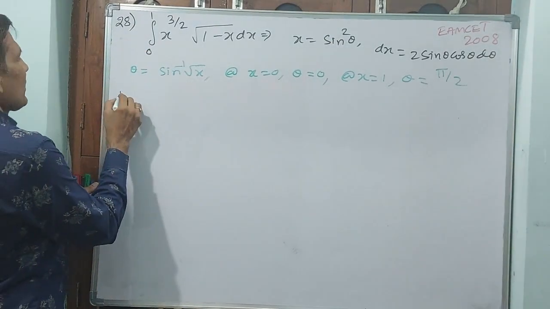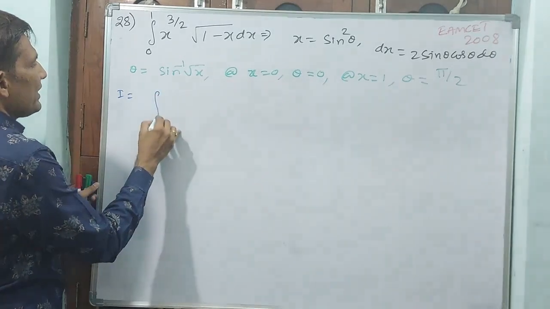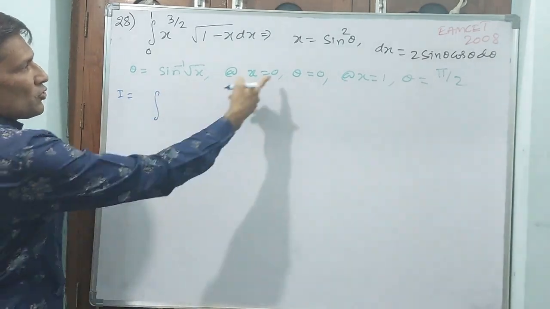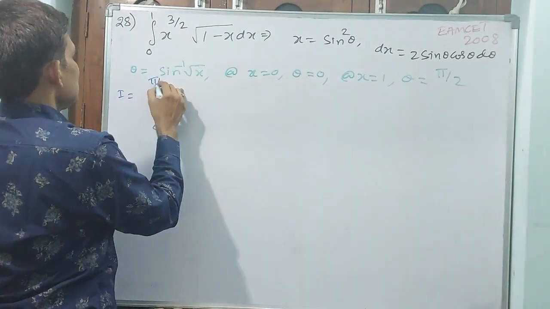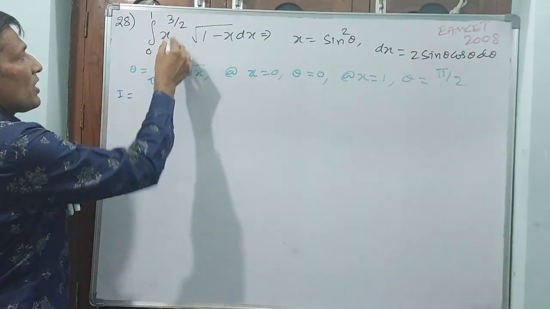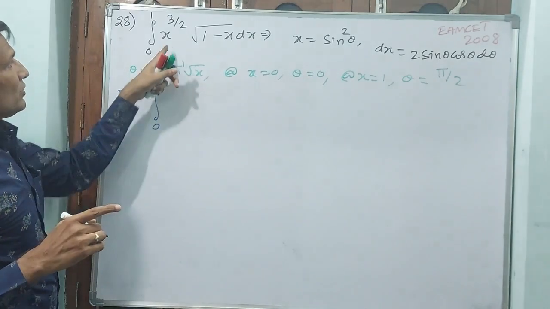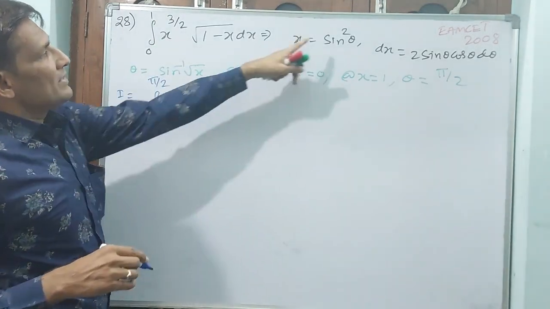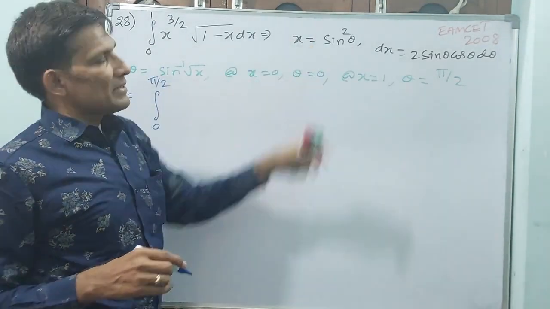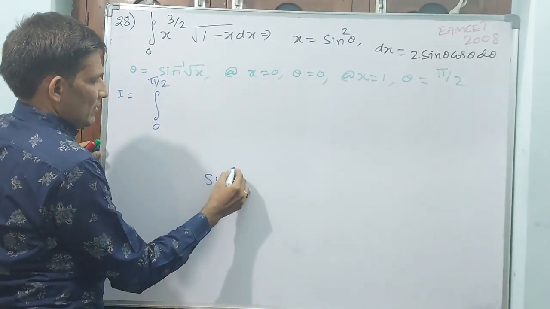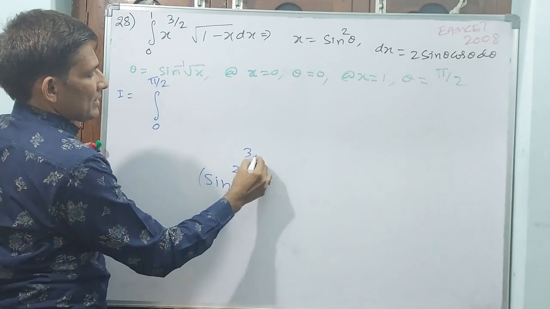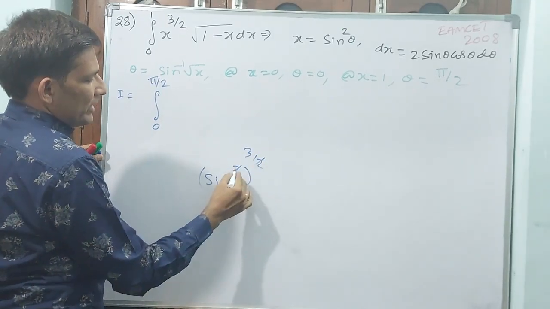I is equal to integral 0 to pi by 2. Okay? Now write down x power 3 by 2. You see, x power 3 by 2 means sin square theta whole power 3 by 2. These two will get cancelled.